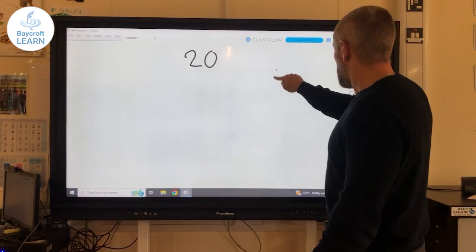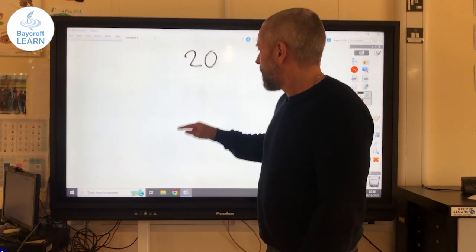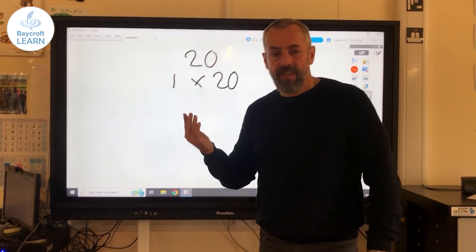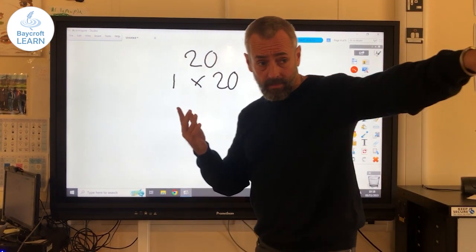And the process that I always ask you to follow is this. Work our way through the times tables. 1 and 20 are both factors of 20. What's the next number I'm going to put on the board?